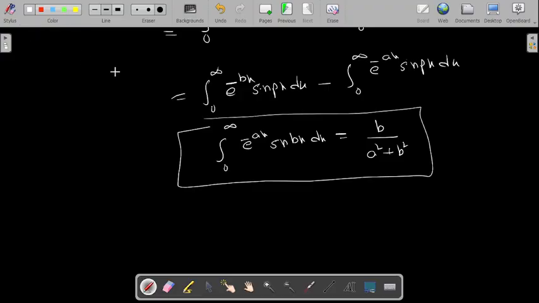Okay, now sir. So integral 0 to infinity e power minus ax sin bx dx value, what is that? b by a square plus b square. So in b's place what is there? p.